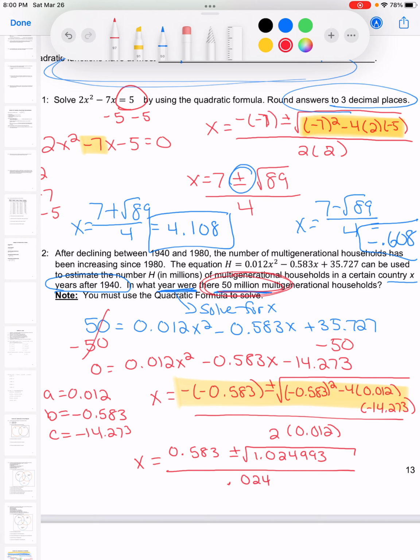Now we're going to get two answers. I'm going to try to squeeze them on here. We're going to get the positive and the negative. So we're going to have 0.583 plus our square root, and we're going to have 0.583 minus our square root.